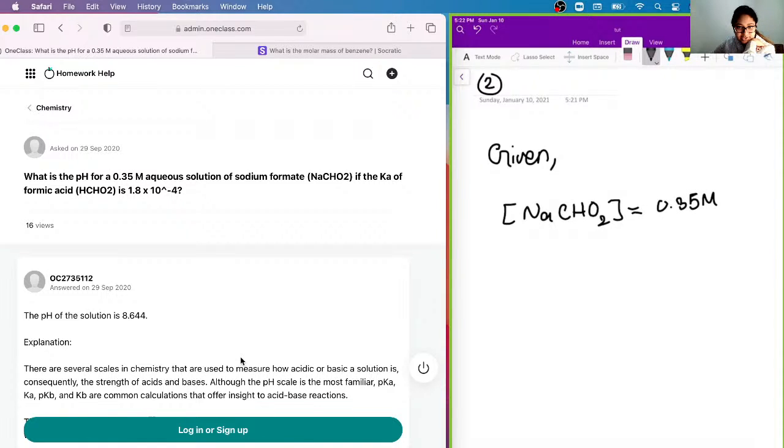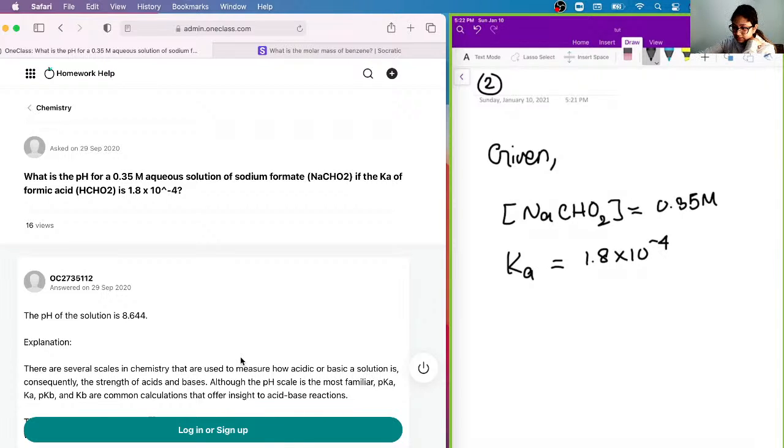And we know that the Ka for formic acid is 1.8 times 10 to the power -4. And so we're trying to find pH.